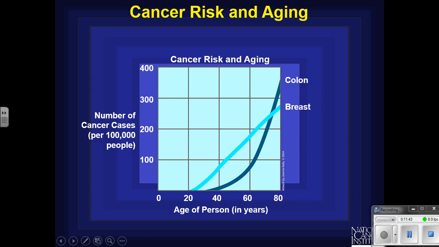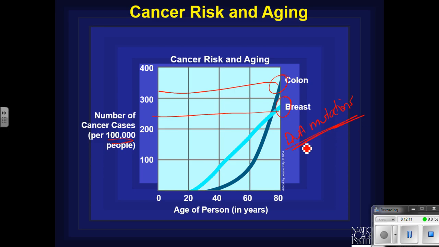Cancer risk and aging, the number of cancer cases per 100,000 people. Age of the person, you can obviously see colon, breast cancer, the amount is much, much higher the older you are. Well, one of the reasons for that is one of the causes of cancer is DNA mutations. And we get mutations to our DNA on a very regular basis. Think about skin cancer.